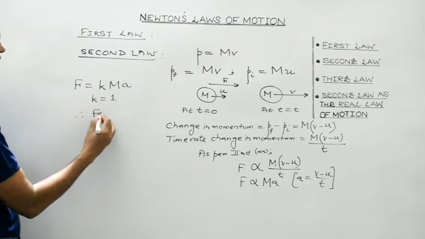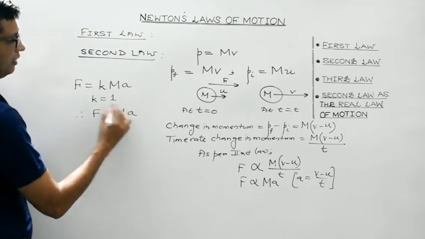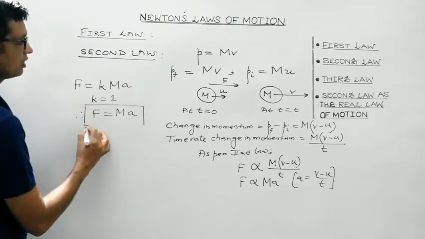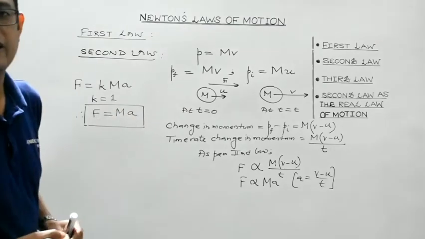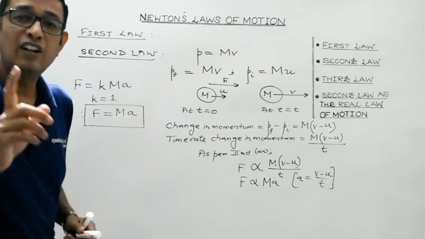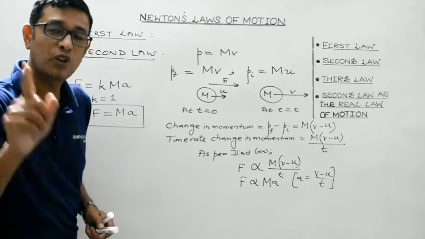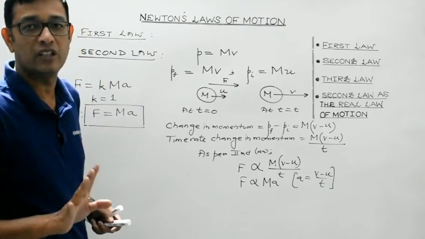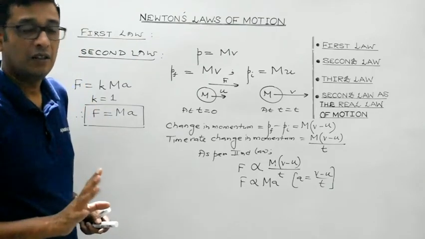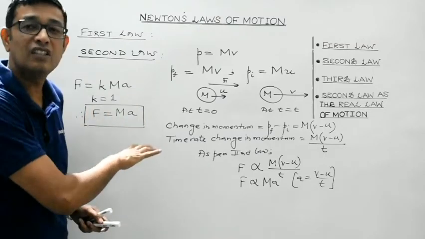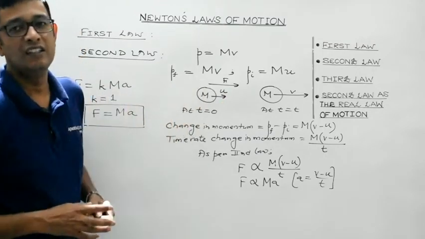Therefore, F is equal to ma. So this is the consequence of Newton's second law of motion. Second law of motion is stated in terms of time rate change in the momentum of the body. Right? And F equals ma, this is the consequence of Newton's second law of motion.